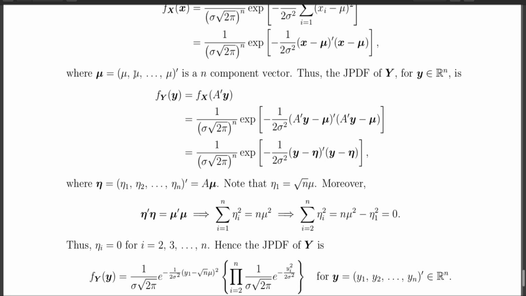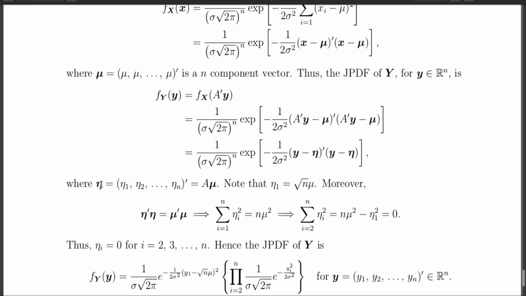Because all the components of mu are the same, that is going to give me n mu square. That means the summation of neta i square for i equals 2 to n is the same as n mu square minus neta 1 square, and neta 1 square is nothing but n mu square. So the summation of neta i square, i from 2 to n, is equal to 0, which shows that neta i equals 0 for all i equals 2 to n.